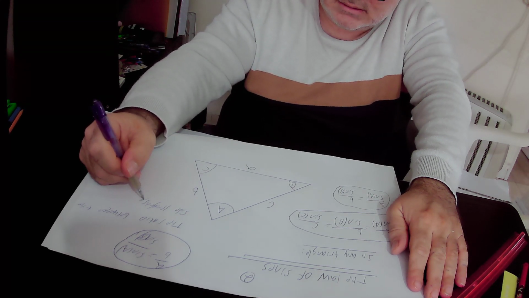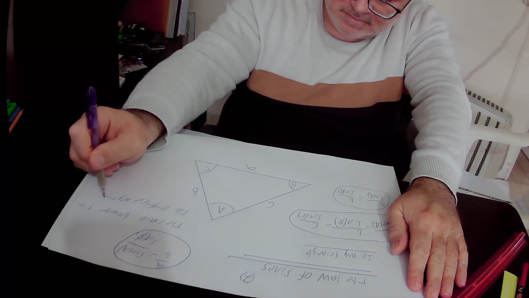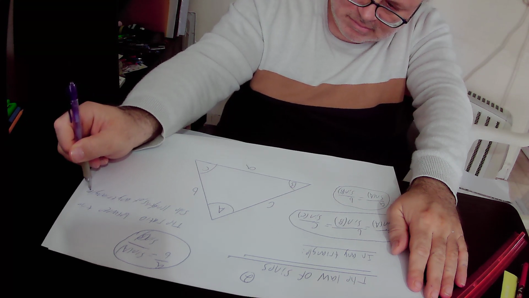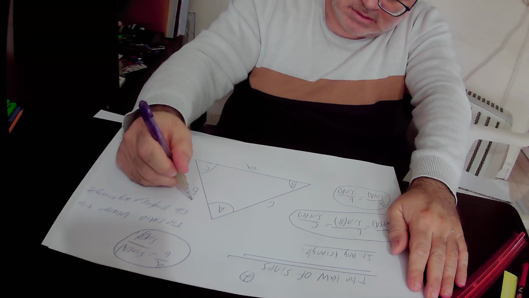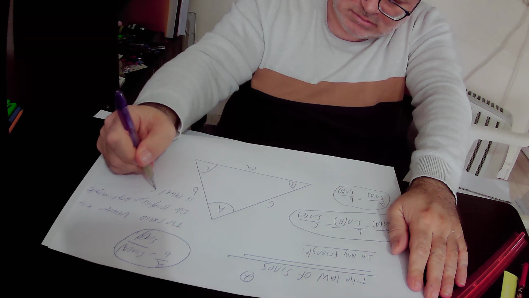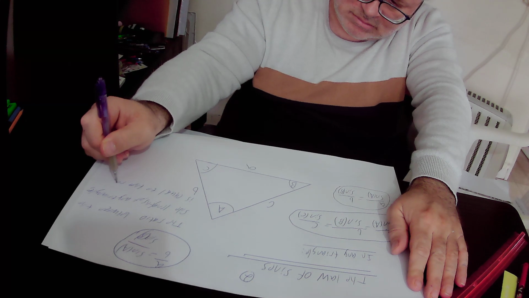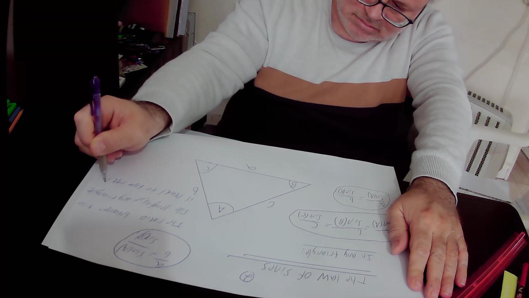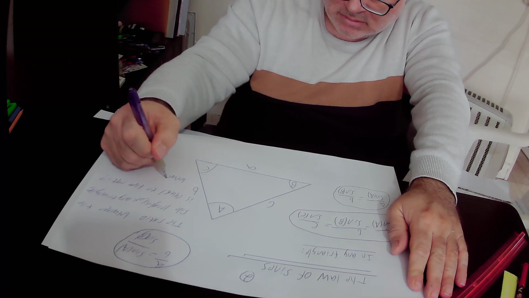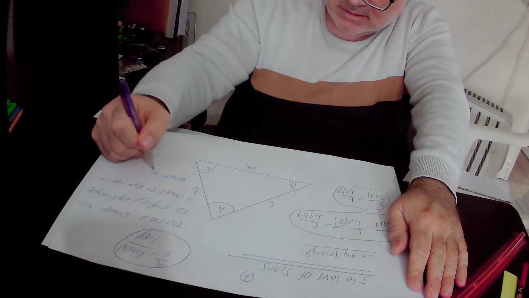of any triangle is equal to the ratio between the opposite angles.